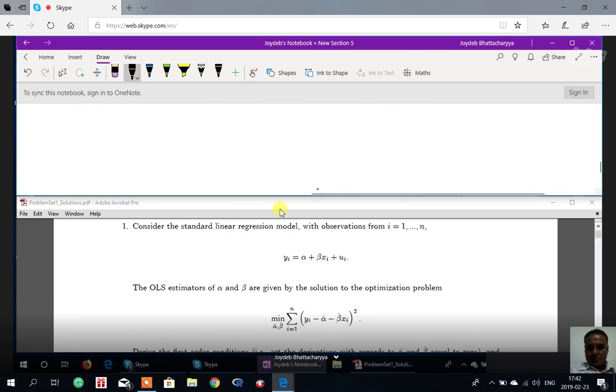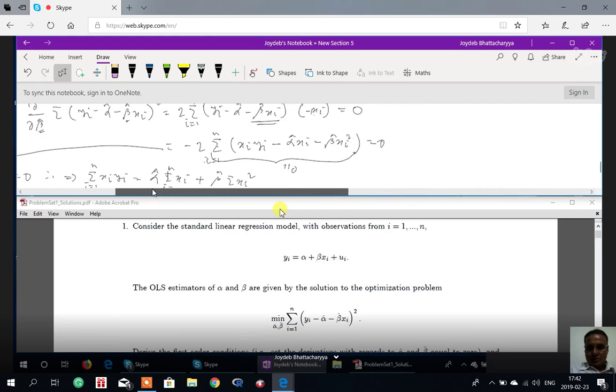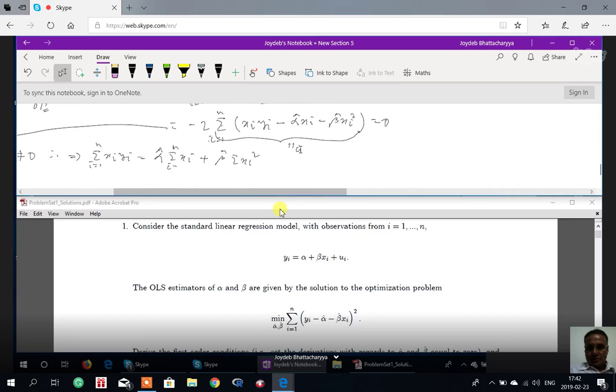So this entire thing is our second normal equation.